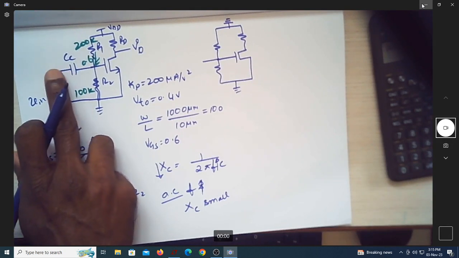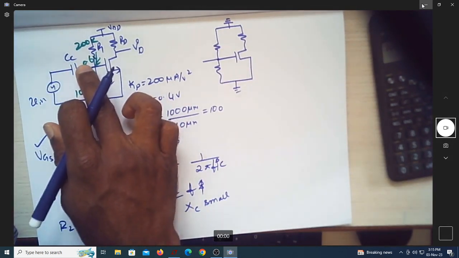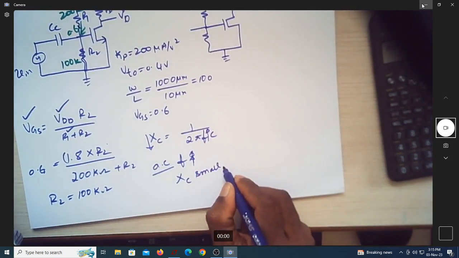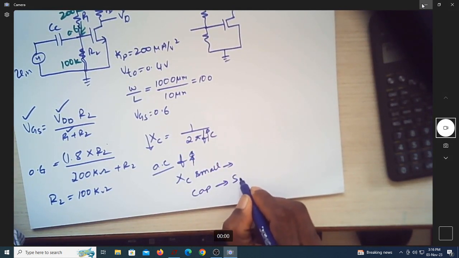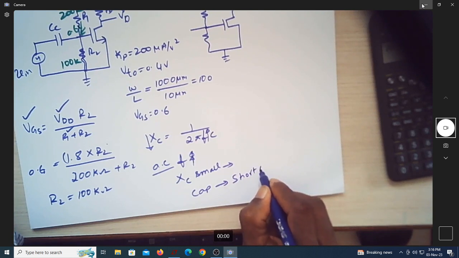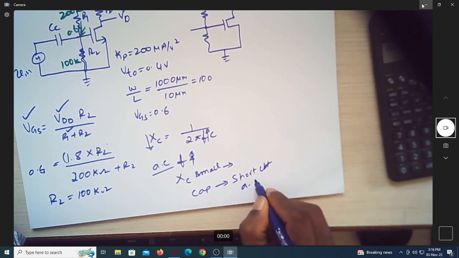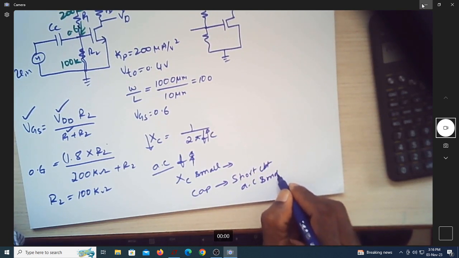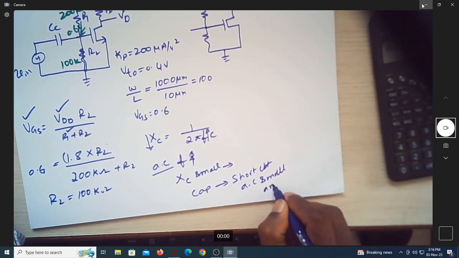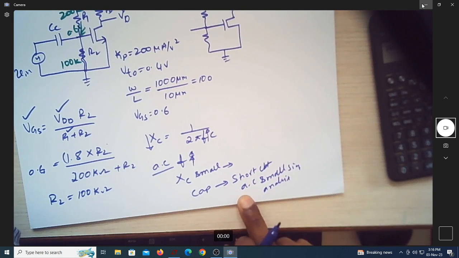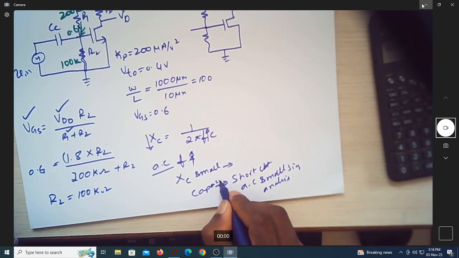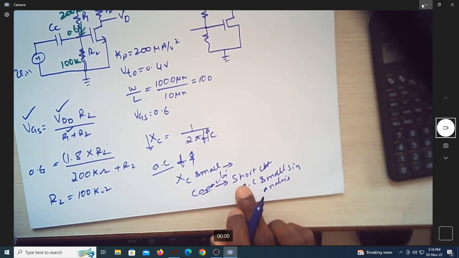So when it is not offering any reactance, there is no resistance. There is no resistance means this capacitor will be treated as a short circuit for AC small signal analysis. For AC small signal analysis, this capacitor will be treated as a short circuit.